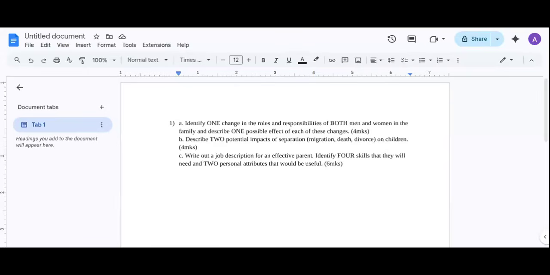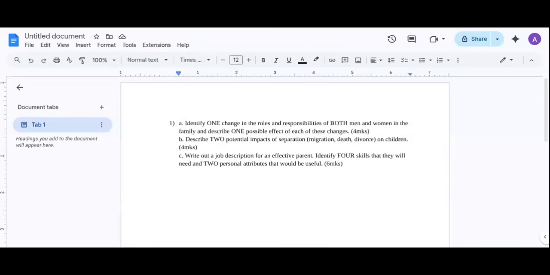Right. So we know that traditionally the women were expected to be in the home. They were expected to be in the home and now they can take up jobs outside of the home. So that is one change in the roles and responsibility of the women. For the men, one change in the role is that traditionally they were the breadwinners in the home and they rarely took part in childcare.